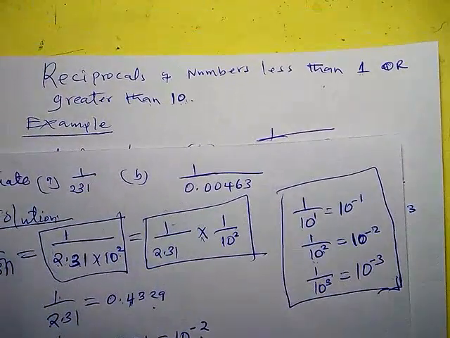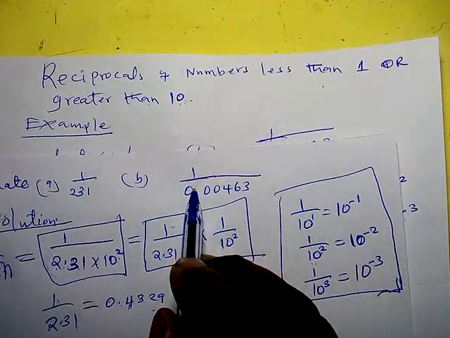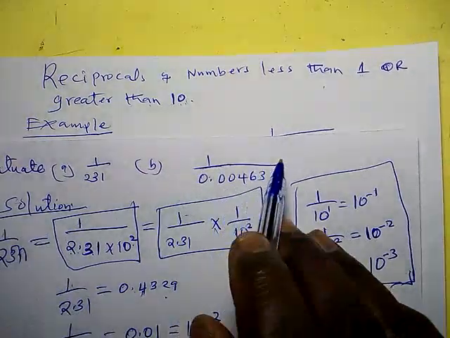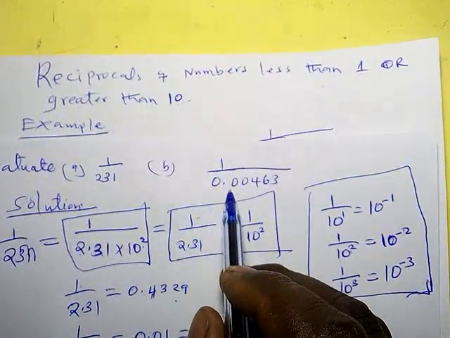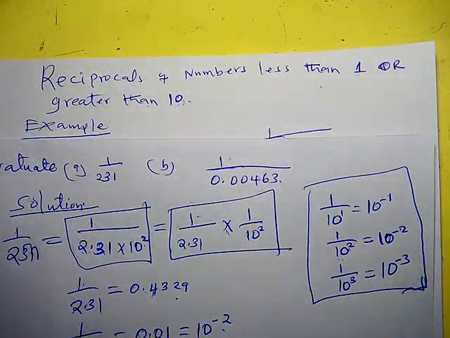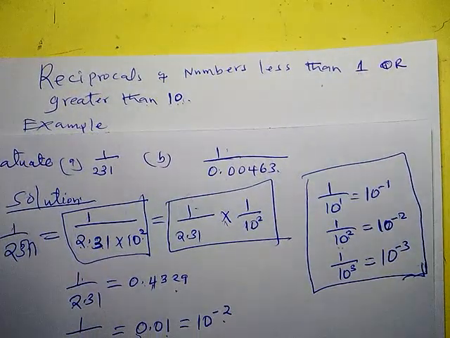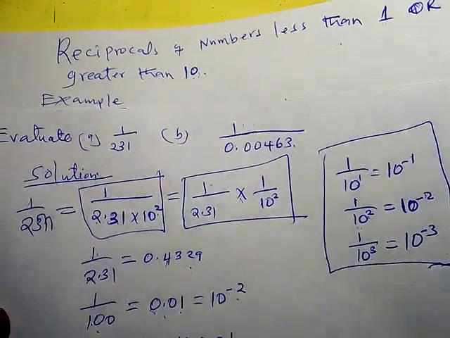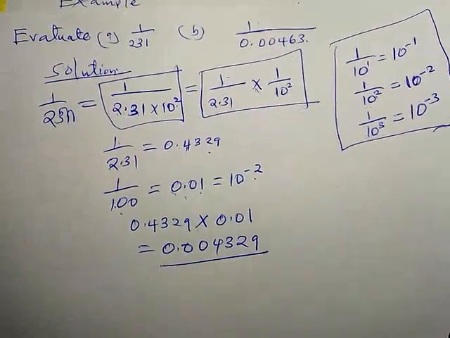Let us look at this example. 0.00463. This number is not in the table, so first we write that number in standard form.